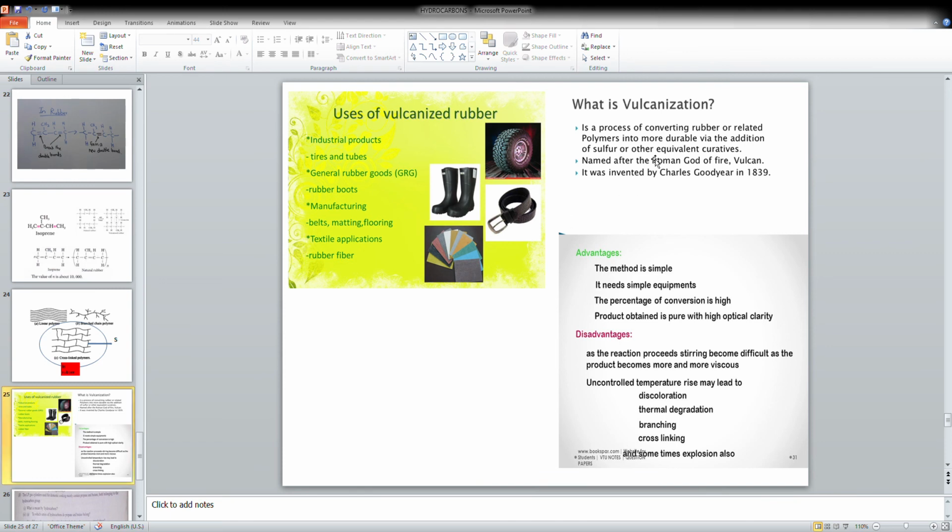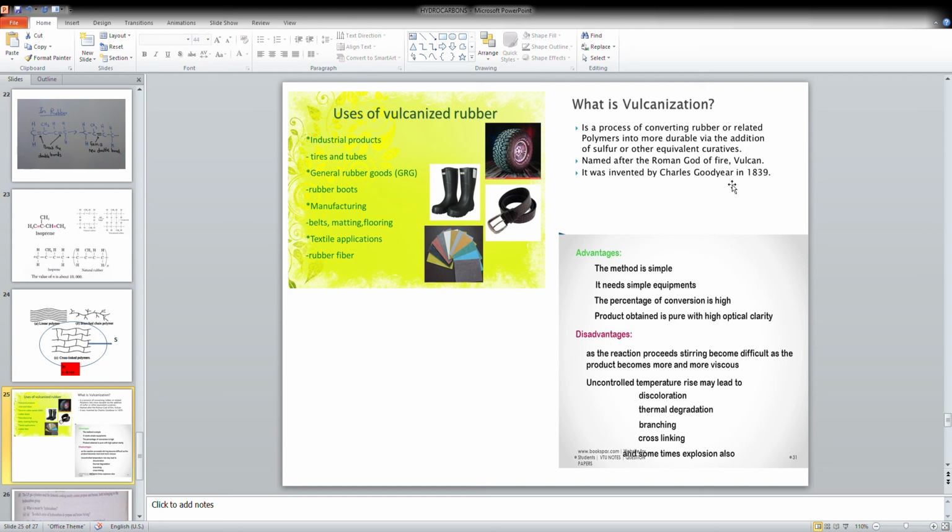Okay, let's see where vulcanization started and what vulcanization is. Again, I put some points for you, right? Here vulcanization, we already know, is mixing with sulfur. Actually, who introduced this method? The name is named after the Roman god of fire, Vulcan, right? The inventor was Charles Goodyear. I think this name is familiar to you when you get vehicle tires.